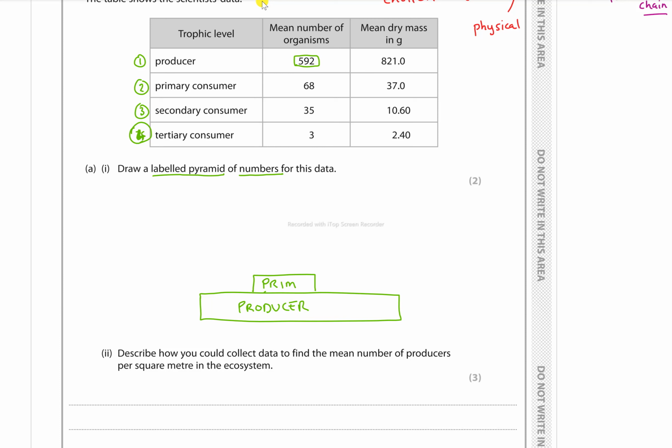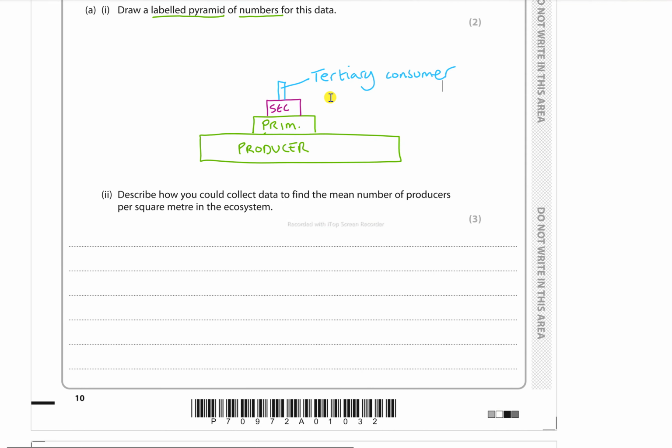Primary consumer, and then we've got half of that roughly, secondary consumer, and then finally we've got 3, about a tenth of that, and that is tertiary. Tertiary just means third consumer. So that is a pyramid, a form of triangle.